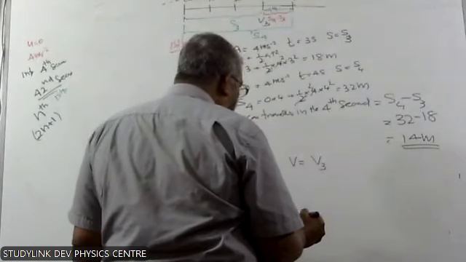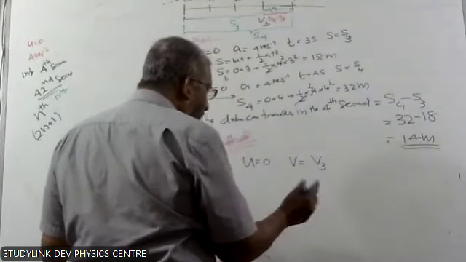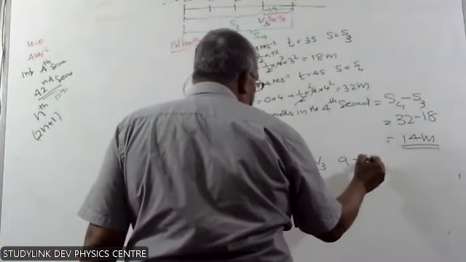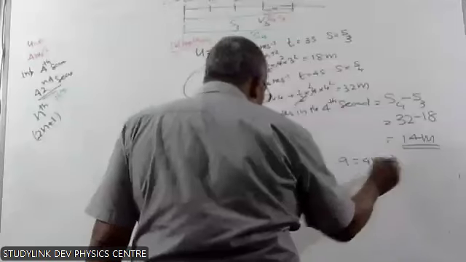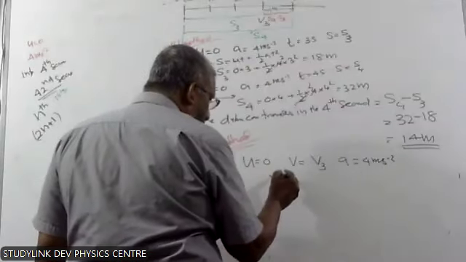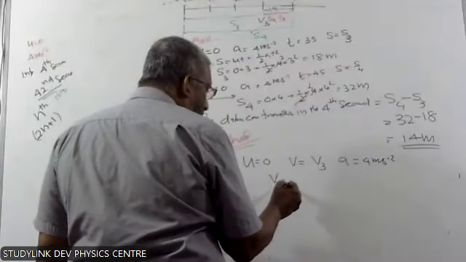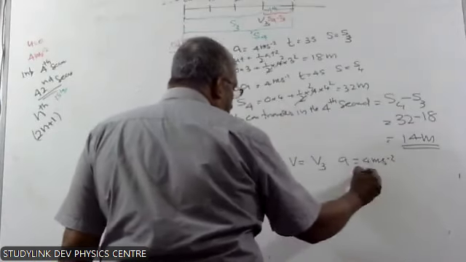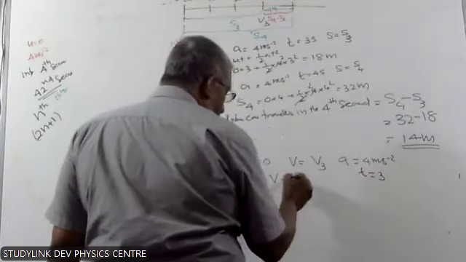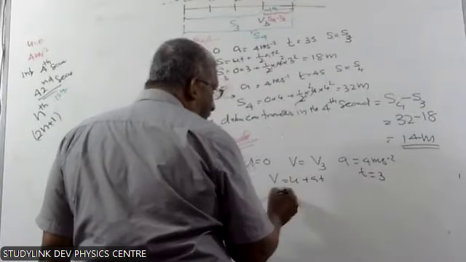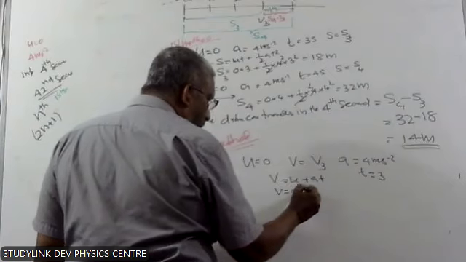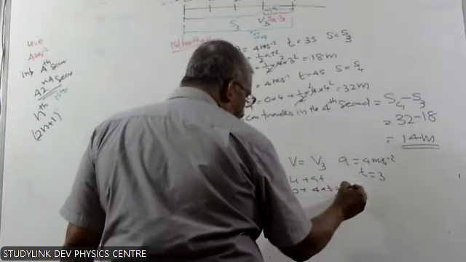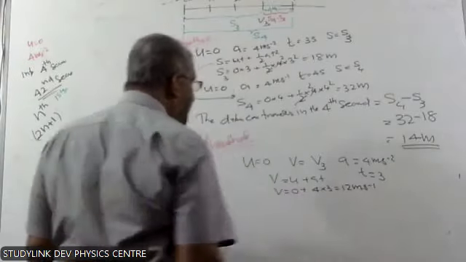That means we can go for v3, a is equal to 4 m/s². Then the v value is equal to, t is known, t is equal to 3, u plus at. Then v is equal to 0 plus 4 into 3, 12 meters per second.